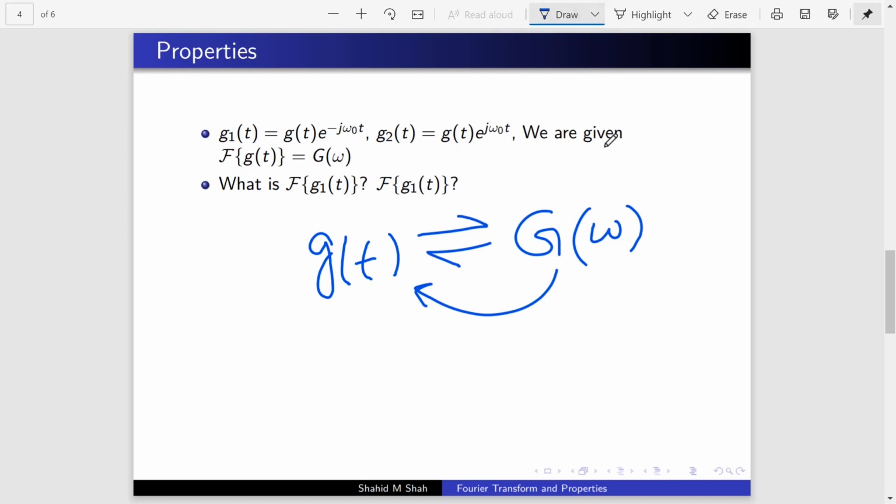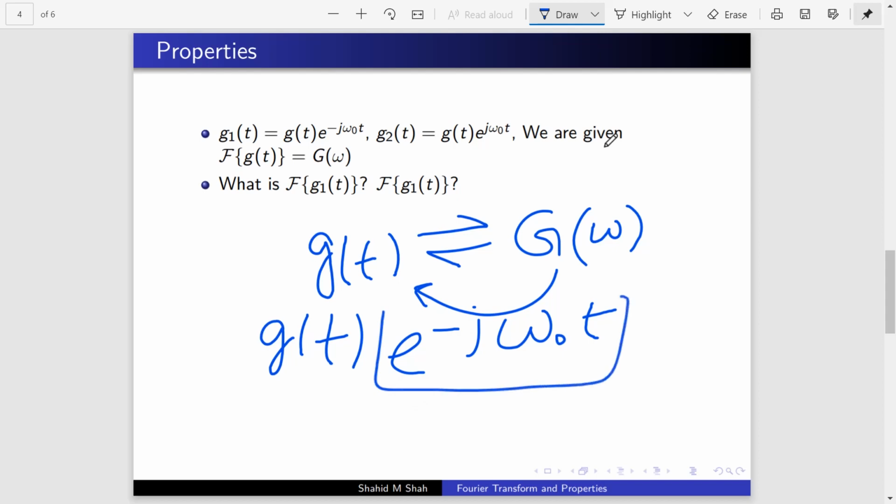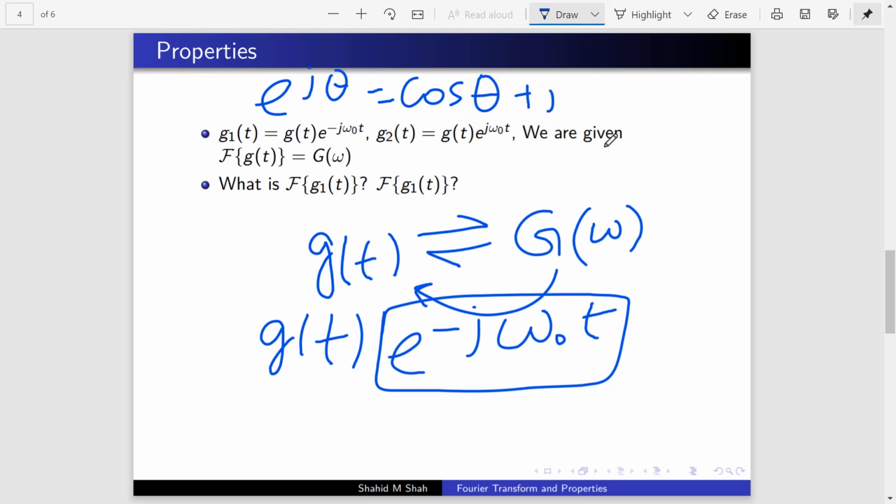Now I will multiply this g of t with e to the power minus j omega naught t. Okay, what is the significance of, you might see this e to the power minus j omega t again and again. Actually, you know the relationship that e to the power j theta is cos theta plus j sin theta.